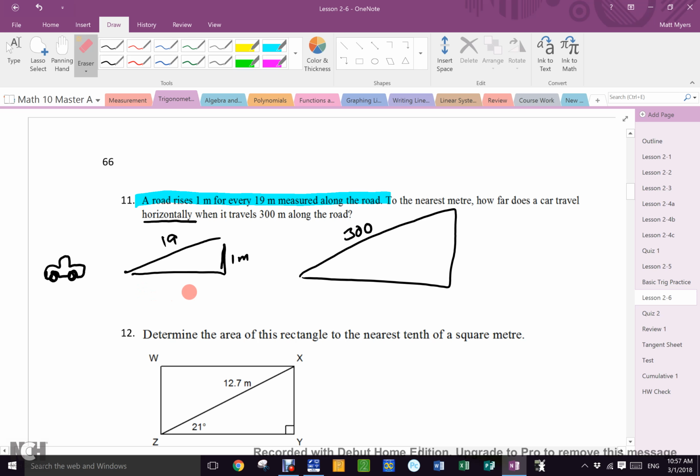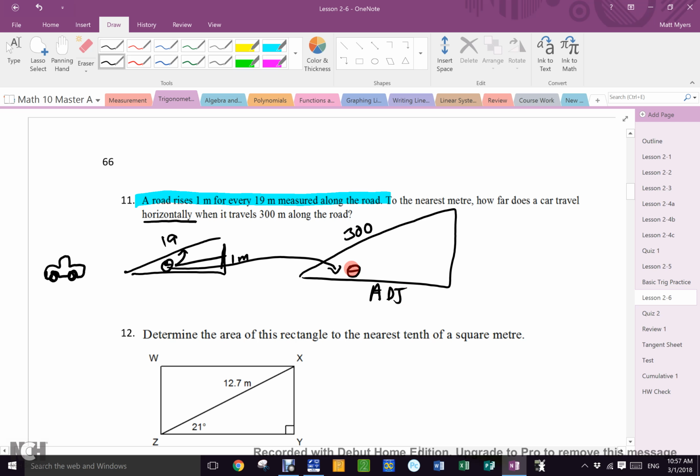I could also find this theta using what? What would find that theta? Sine, opposite, and hypotenuse. Once I know that angle, I can bring it over here, can't I? And then I have, what's this side? That would be adjacent.